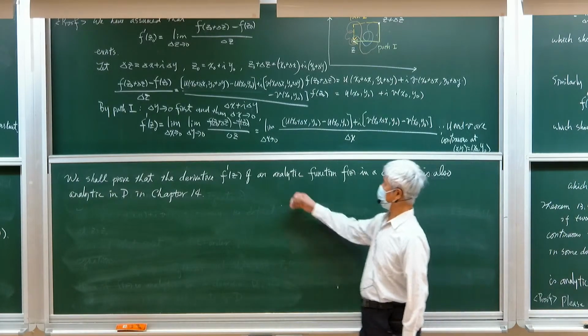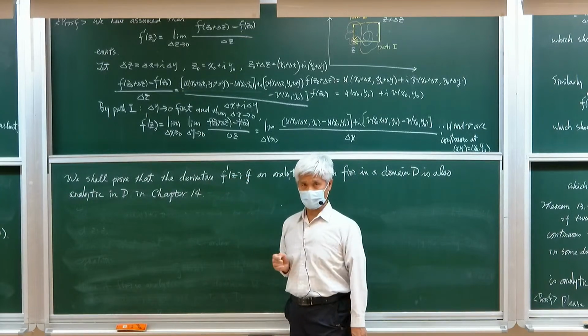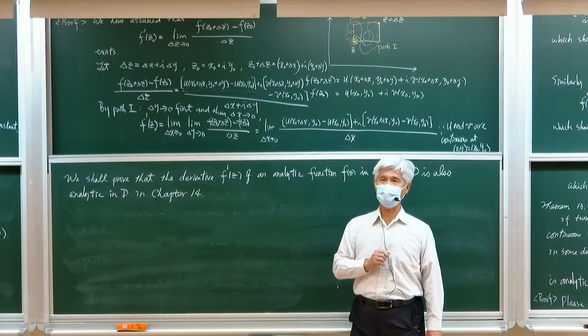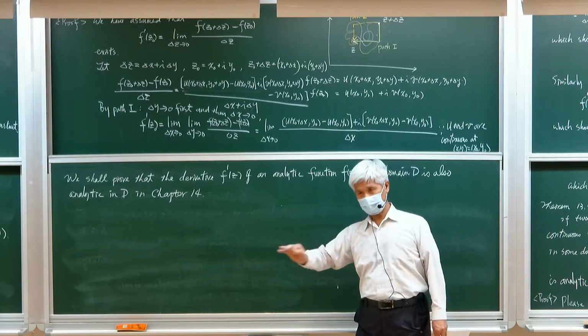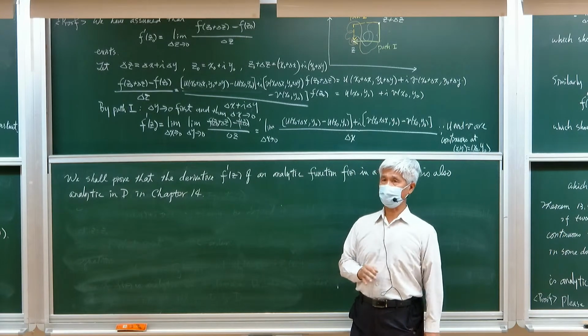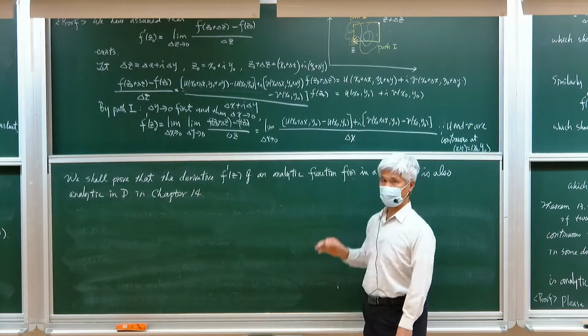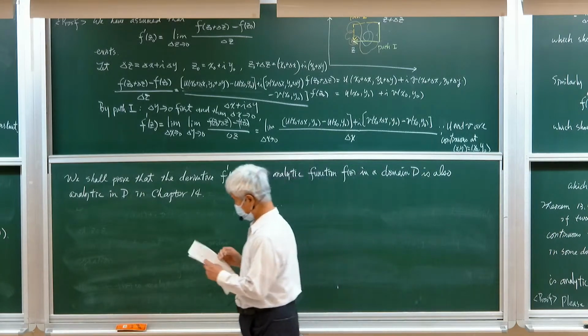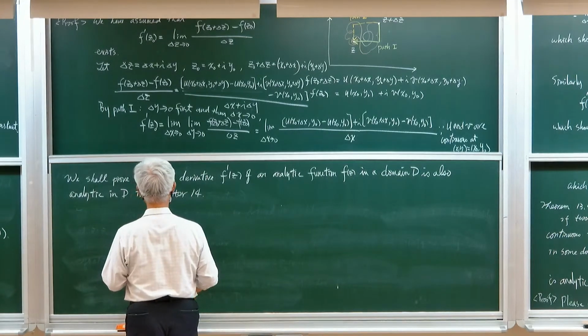And because f prime z is analytic, its derivative f double prime z is also analytic. So by induction, the nth derivative of an analytic function is also analytic.